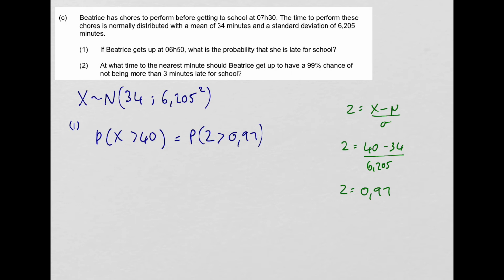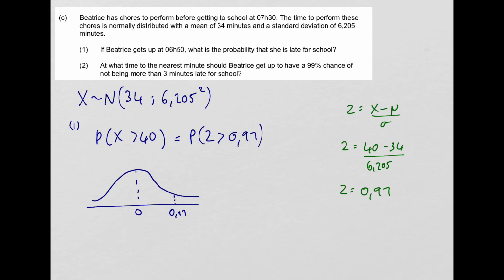Okay, so now, if you had to draw a diagram here of your normal distribution, remember that our mean is 0. So 0,97 is going to be on the right-hand side somewhere because it's positive. So that 0,97 is here.